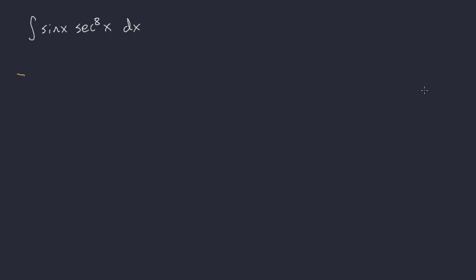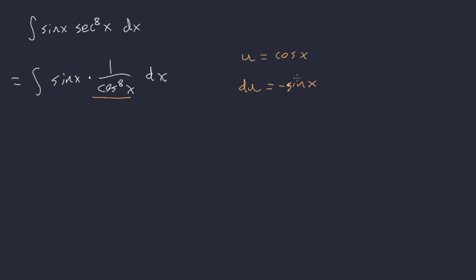So we could instead rewrite our integral as the integral of sine times 1 over cosine raised to the 8 of x dx. And this is what we'll let our u be, right? u is going to be cosine of x, so that du is negative sine x dx.